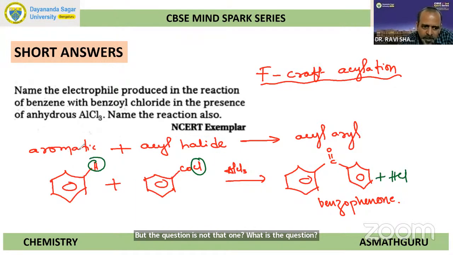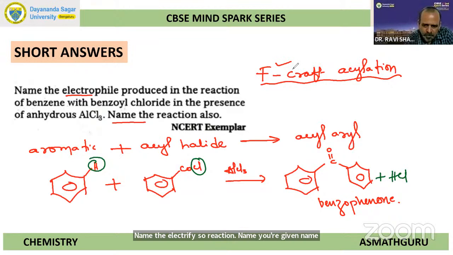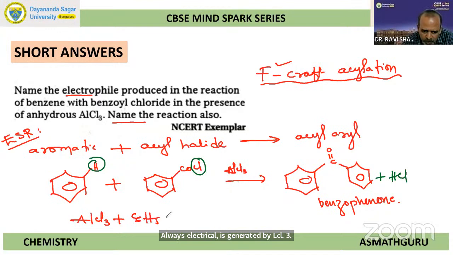Name the electrophile. So the reaction name is given: Friedel-Crafts acylation. What is the electrophile? It's an ESR reaction, electrophilic substitution reaction. That means an electrophile will be there. Which is the electrophile? Always the electrophile is generated by AlCl3, which reacts with benzoyl chloride to form AlCl4 minus. And what is remaining?